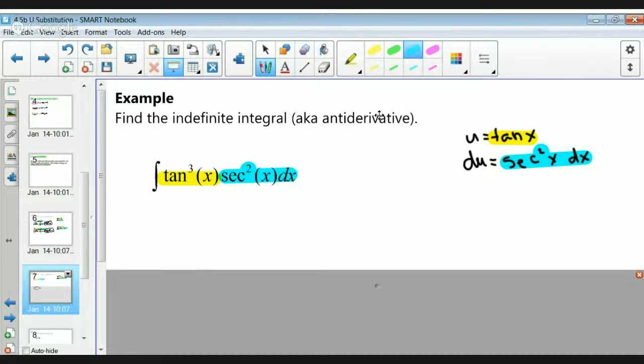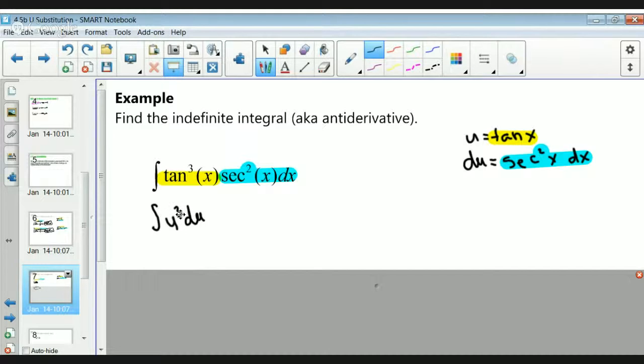Okay. All right, now let's rewrite this integral in terms of u. So the integral stays, then I run into some yellow, which I see is equivalent to u. Okay, then I have the cubed. And the rest is blue, which is equivalent to du.